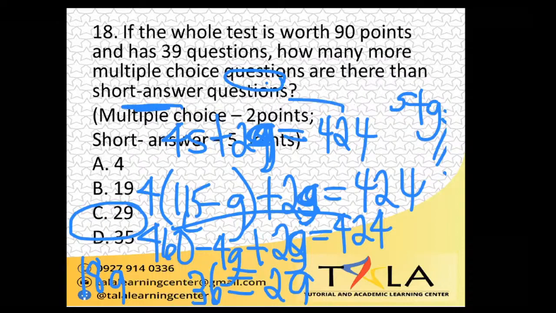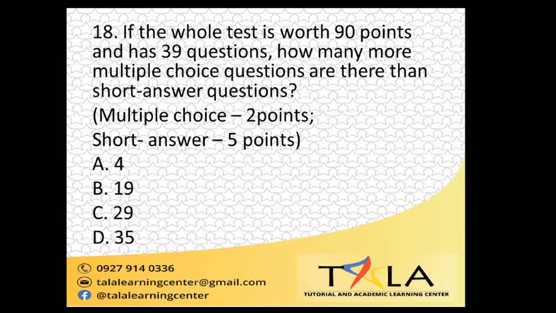Next. O, parang kanina. Mixture problem. Whole test daw 90. Tapos 39 daw lahat ng tanong. Pwedeng multiple choice, pwedeng short answer. Pero 2 points ang multiple choice, ang short answer 5. So tignan natin. Multiple choice 2 points each plus short answer 5 points each or 5S equals sa ilan? 90.